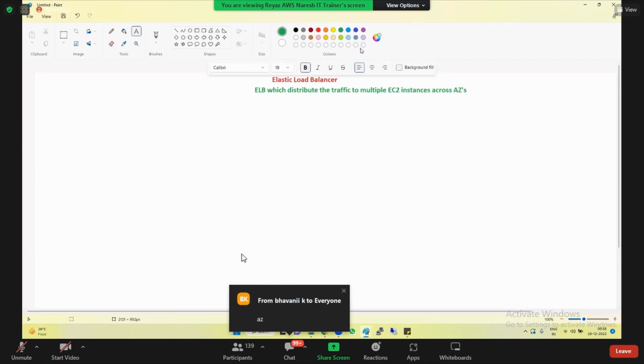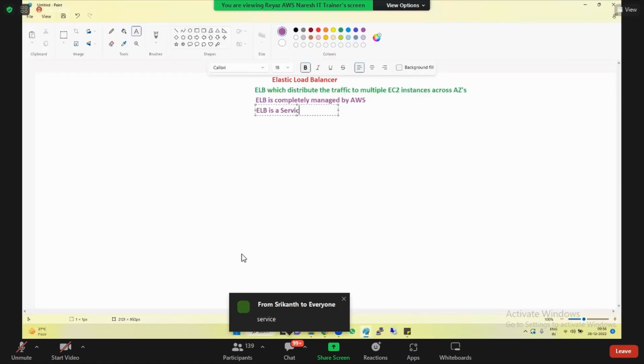ELB is completely managed by AWS. Very good. So ELB is a service or a server for us? ELB is a service for us. Service by AWS.